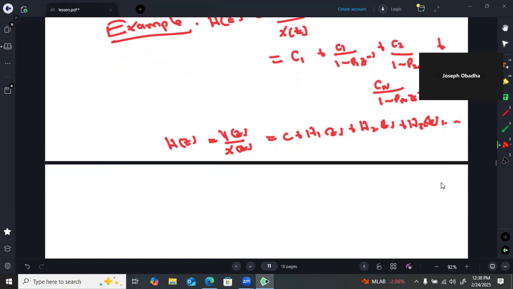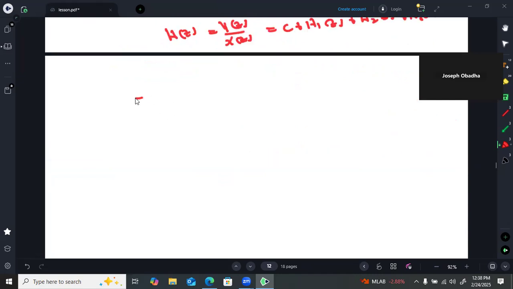So that eventually we'll have a general circuit given by the input X(z).